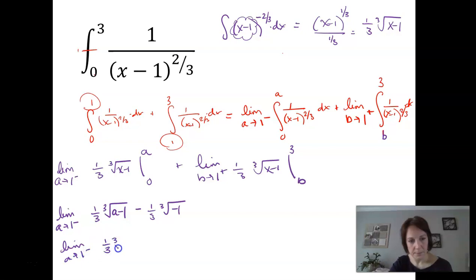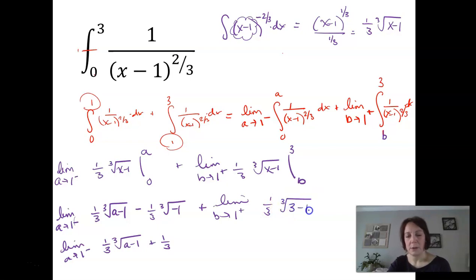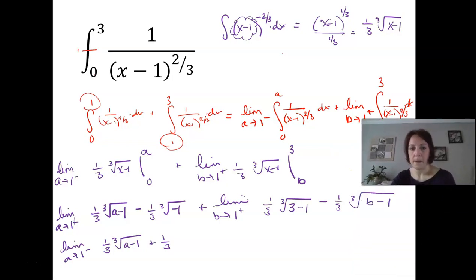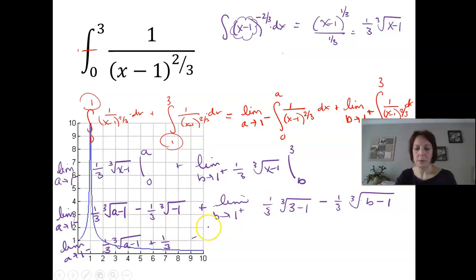So that's going to be, the cube root of negative 1 is negative 1, right? So this is just going to be plus 1/3. Okay, so that's the first one. The other one: 1/3 cube root of 3 minus 1 minus 1/3 cube root of b minus 1.